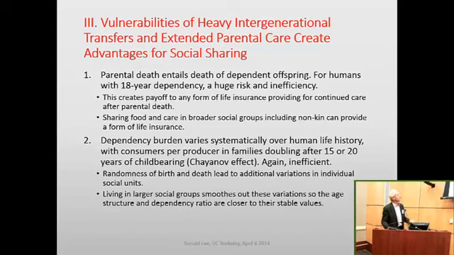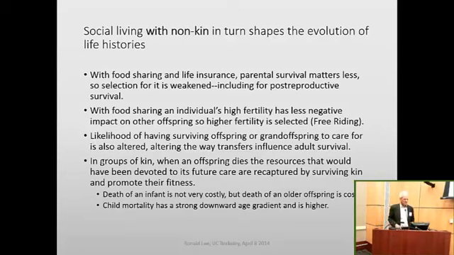Well, that's very consistent with this sort of view. So it's because of the need to continue to support these dependent offspring that this dependency burden becomes so crushing for humans. And again, by living in a larger sharing group with perhaps more kin, but also with non-kin who may pitch in, you can alleviate this problem. Not remove it altogether, but soften it.